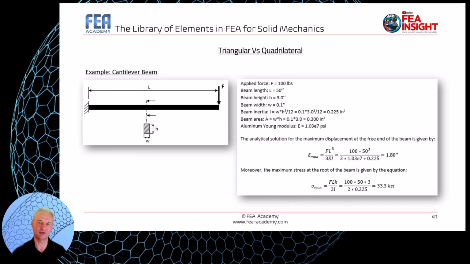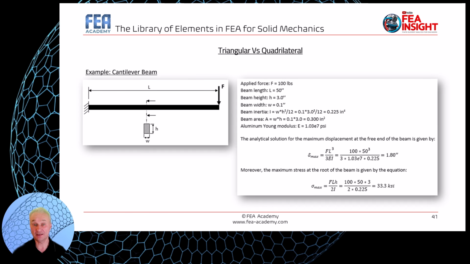In this example, I want to illustrate why quadrilateral elements are preferred over triangular elements in a 2D mesh structure. As I said, the issue with the triangular elements is that they are too stiff for bending problems because they experience constant strain across their entire area.